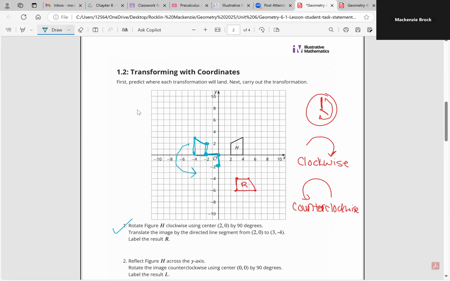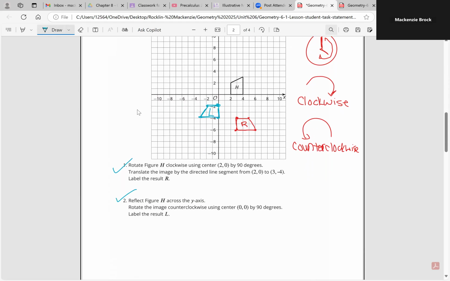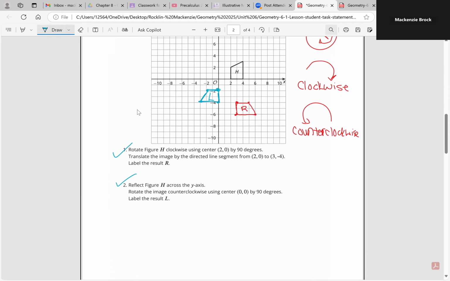So now that I have that point, then I can just draw the rest of them. I don't have to perfectly get everything 90 degrees. If I just have one point, I can finish drawing the rest of it. Okay, and that is L. Oh, okay, that's it, just those two.